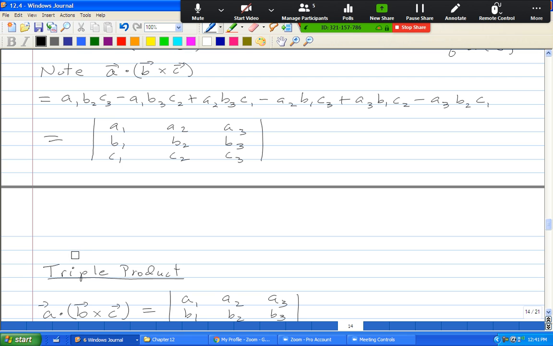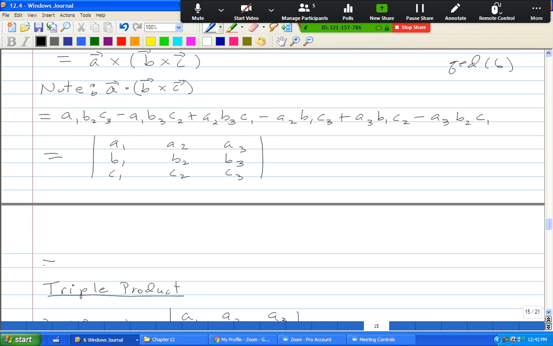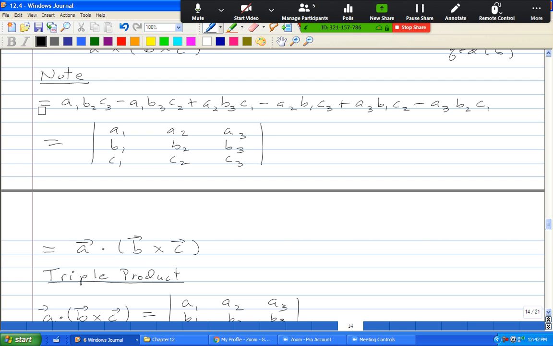Actually, maybe I'll just put that here. This is equal to A dot B cross C. Don't have exactly filled up my space. Okay, so notice that these are the same. Oh, I see.